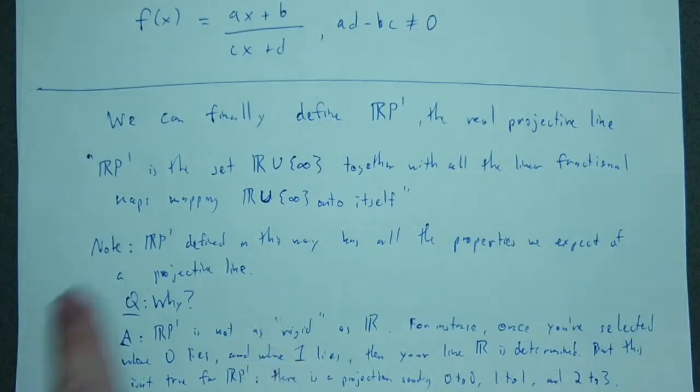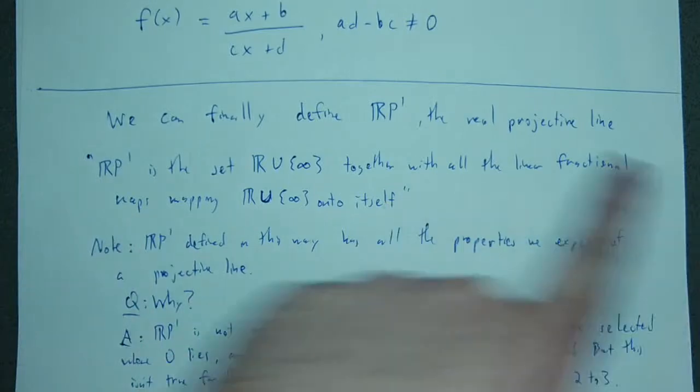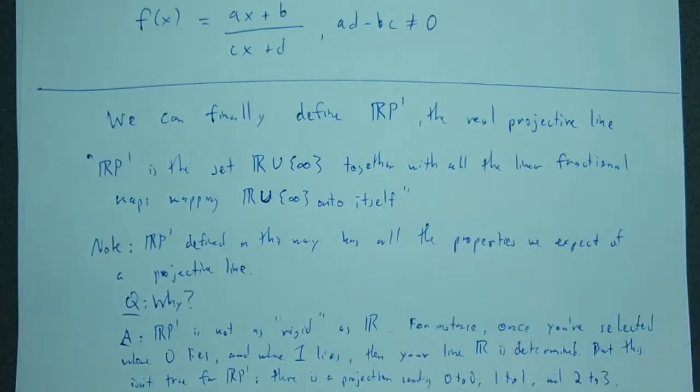You may have seen this, depending on your background, in some form. I'm going to go back to our discussion of this. The first time I mentioned RP1 or a projective line, I modeled it using a circle. Okay, that's an important example, and that's actually typically how I would think of it if I were thinking of this off the top of my head.